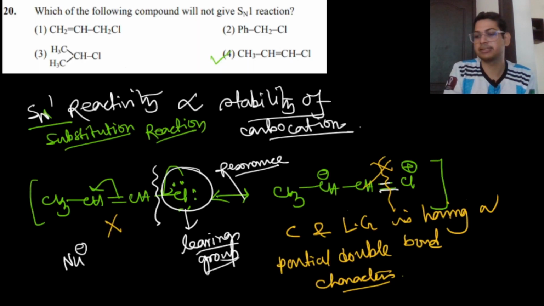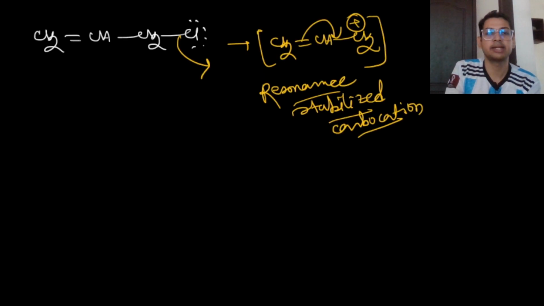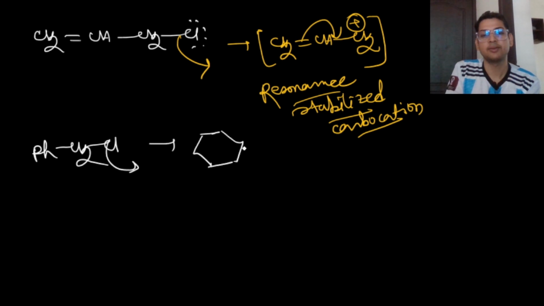Okay, sir, if this is the case, then PhCH2Cl, go for the next one. PhCH2Cl. Yes, if you remove this, you are getting benzene ring with CH2 plus, and that is also a resonance stabilized carbocation.